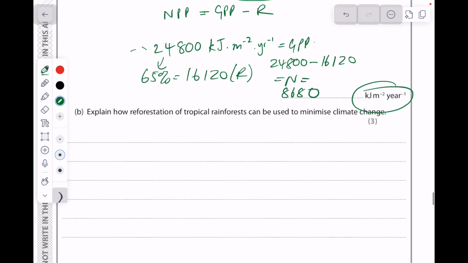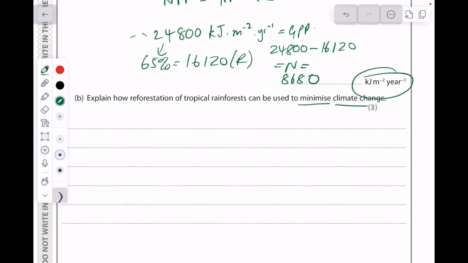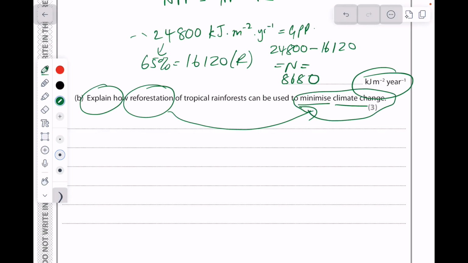So we move on. Explain how reforestation of tropical rainforests can be used to minimize climate change. Explain how reforestation causes minimization of climate change for 3 marks. Okay, so there's a lot of because and this causes that, and addressing a lot of why.